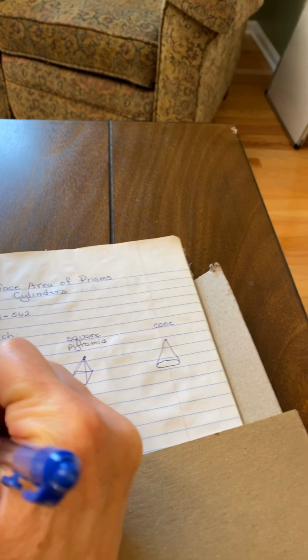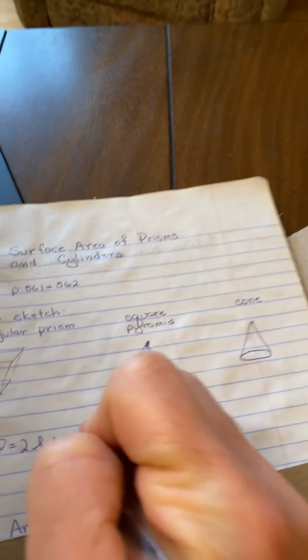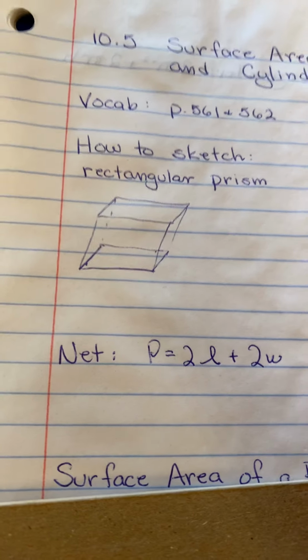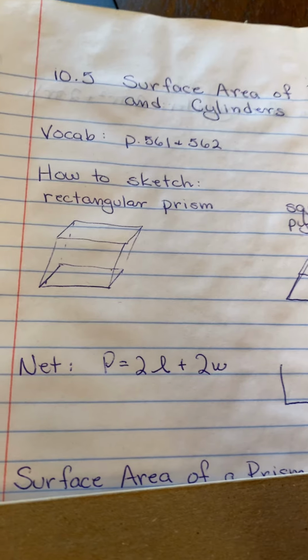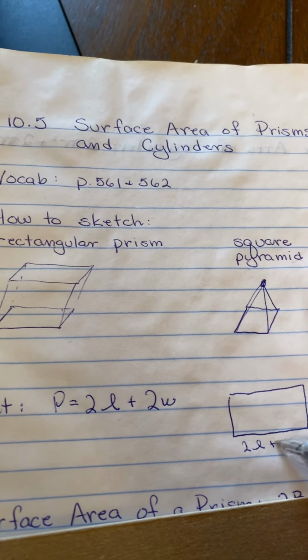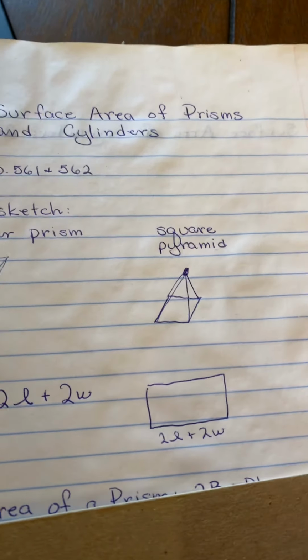So on my net, I have the perimeter of my box, which is twice the length plus twice the width. Here's my net, and here is my 2L plus 2W.